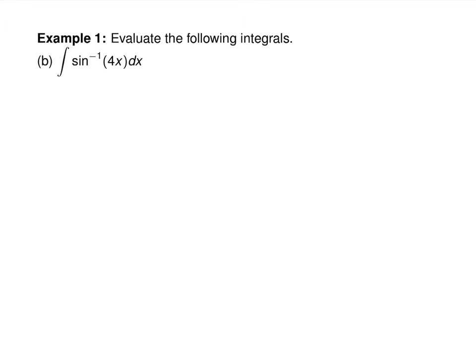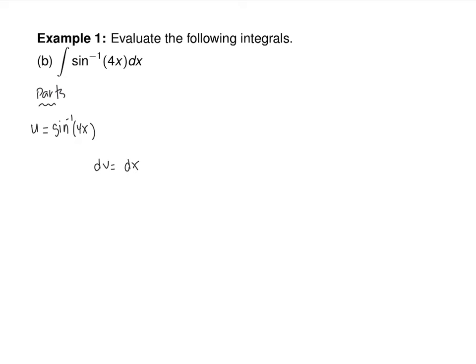Now, another tricky thing with integration by parts, and this is something that a lot of you got wrong, so you can pretty much count on it being on your final, is to let the dv be just dx. In this case, u will be sine inverse of 4x.